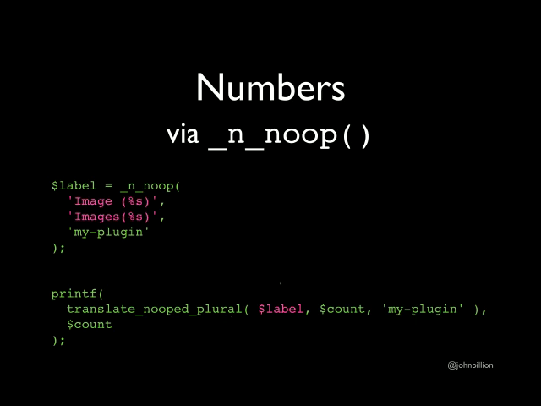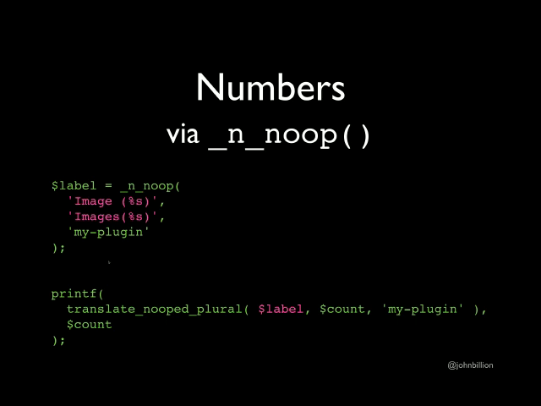What all this does is this correctly selects either the singular or the plural string based on the value of the _n_noop. And we pass it the count, so it knows whether to return the singular or the plural form. And then we'll pass it into our printf function along with the count again, so the actual number that we're interested in gets replaced in the placeholder there.